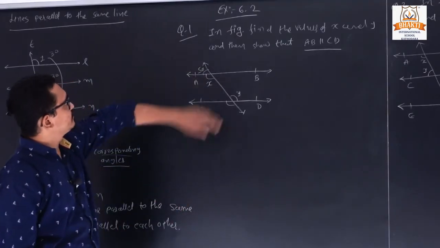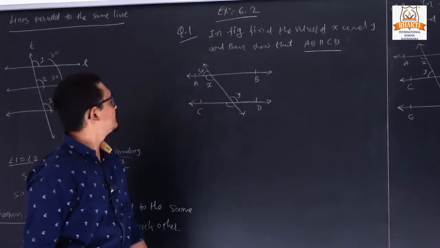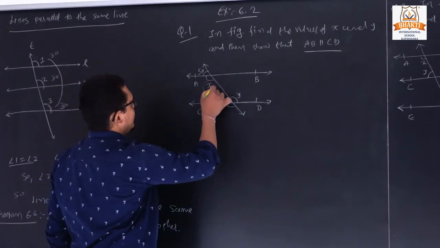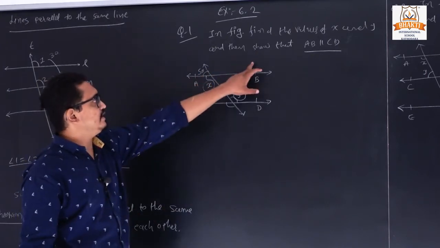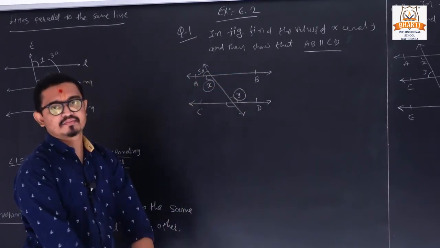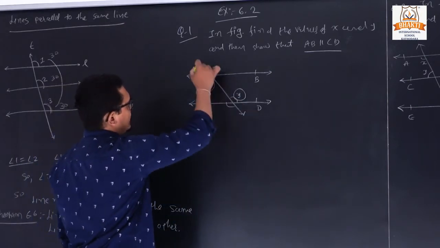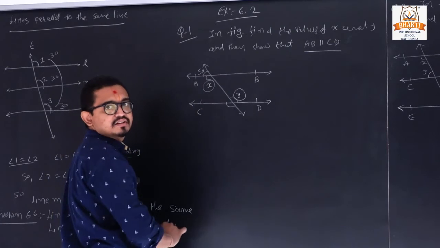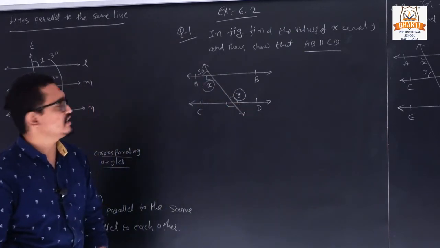So question 1: in the figure, find the values of x and y. Here we need to find the value of x as well as y, and we can also prove that AB is parallel to CD. First of all, I am drawing the third line, which is our transversal line.